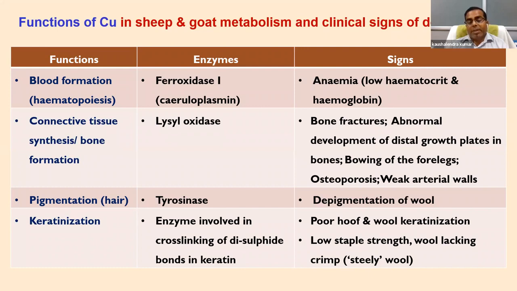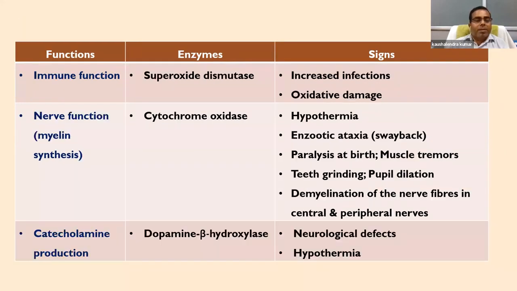Keratin is very important for optimum maintenance of wool condition, and the signs are poor hoof condition and poor keratinization of the wool. Staple strength will be poor, and wool lacks crimp, meaning steely wool may appear in sheep.